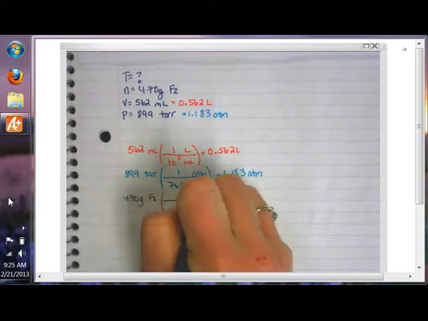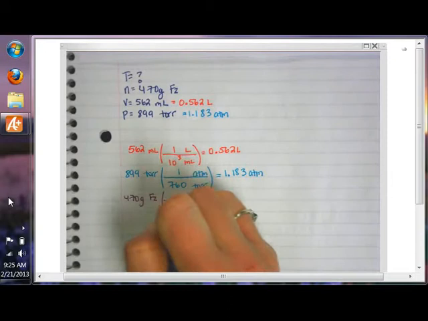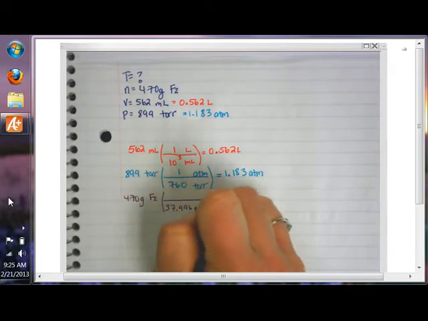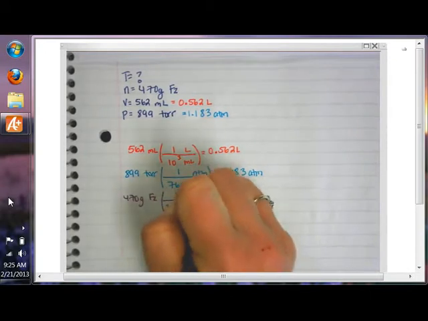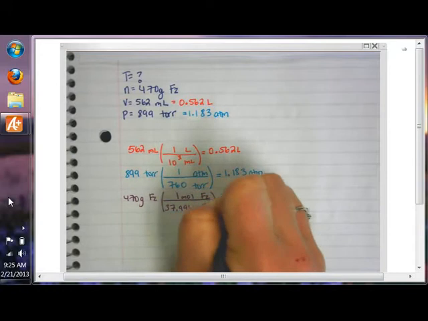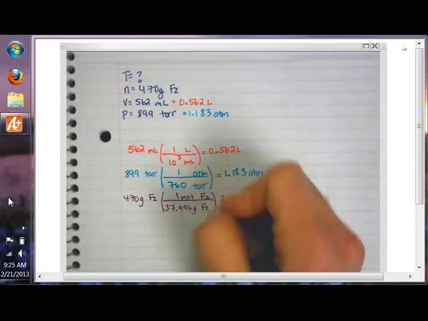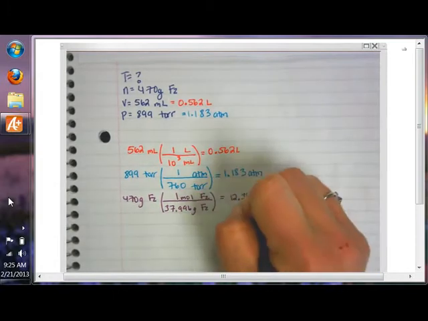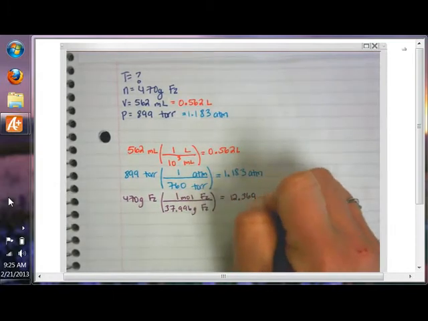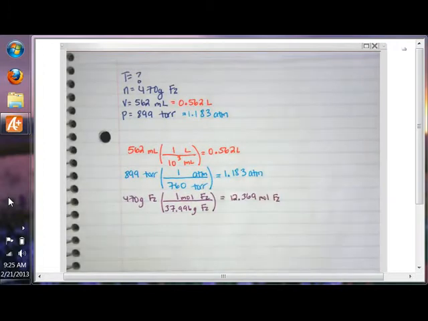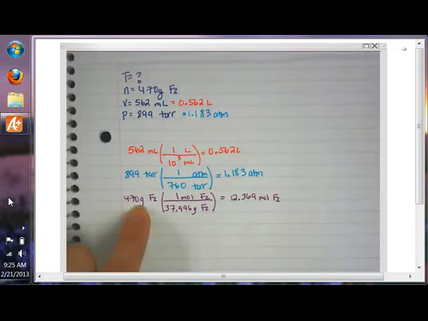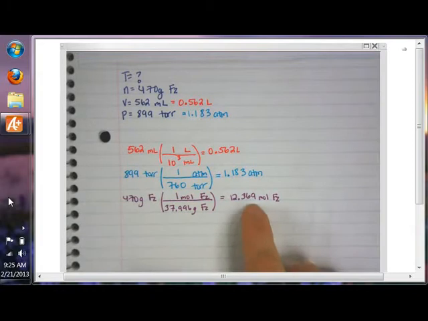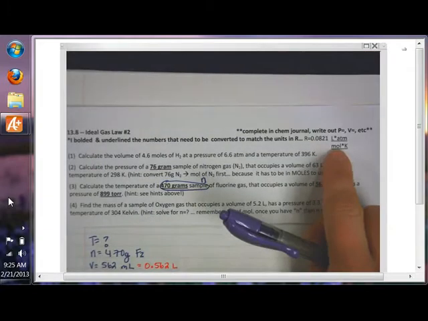That's going to be 37.996 grams of F2 for every 1 mole of F2. I calculate that out, and I get 12.369 moles of F2. So I took the grams they gave me, and I converted it to moles, because it has to be in moles in order to use this R constant.